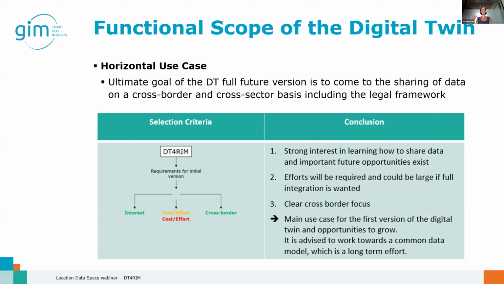This is because we will further analyze how far in the standardization of the road network and the assets of the road network we will go with all the project partners. We can start with a minimum effort, a minimum standardization, and then further in time develop more detailed standards on the data level.